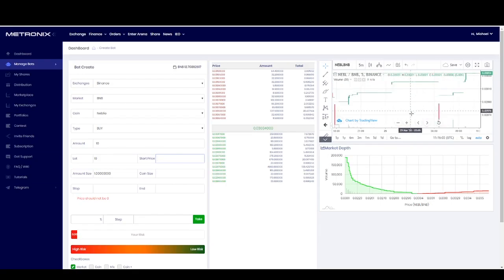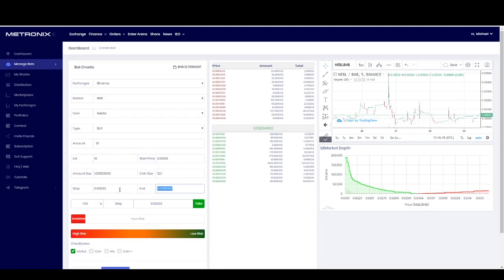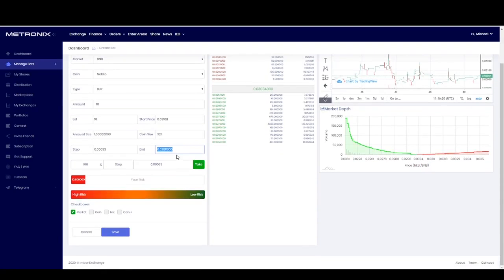Then the start price. If you want to start Niblio right now, I would recommend a start price around here, because let's take a look. I also recommend making the step a little bit more, but here you are in a working range between 31 and 28.